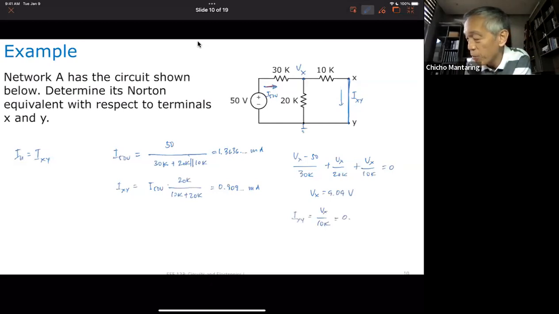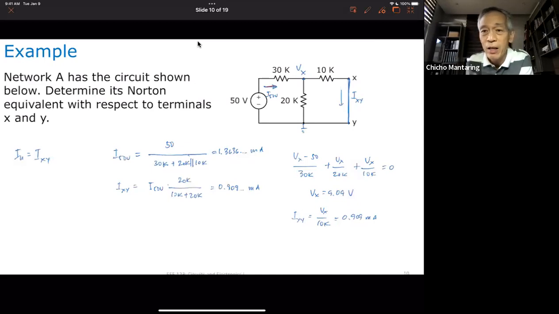So that's going to be 0.909 mA. Any question? So you could have done it that way. So which do you think is easier? Actually, there's no easier. It really depends on you. You can do it the way that Renz started to suggest, or you could do it using nodal analysis.